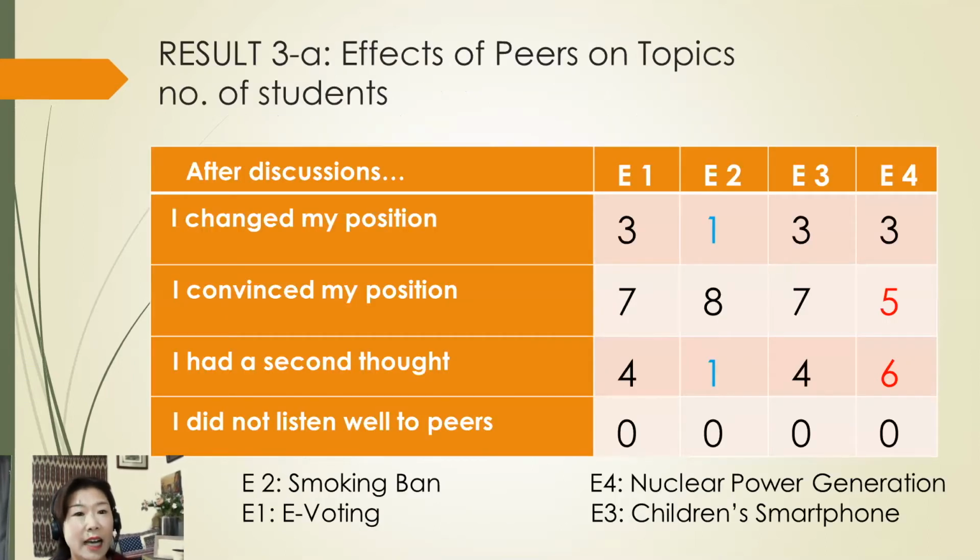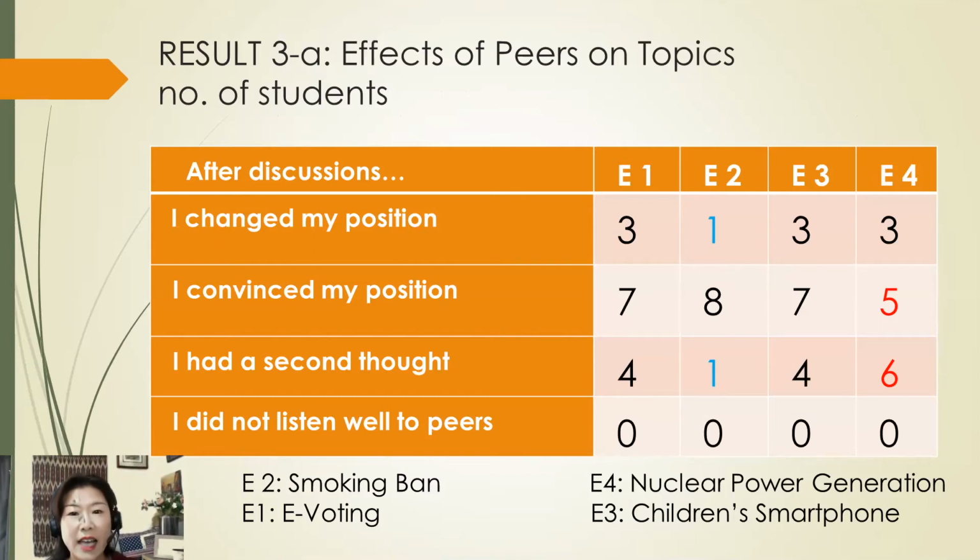Next, I asked how many students listened to their peers and after discussions changed the opinion or convinced the position or had a second thought. Thankfully, no one did not listen to their peers.